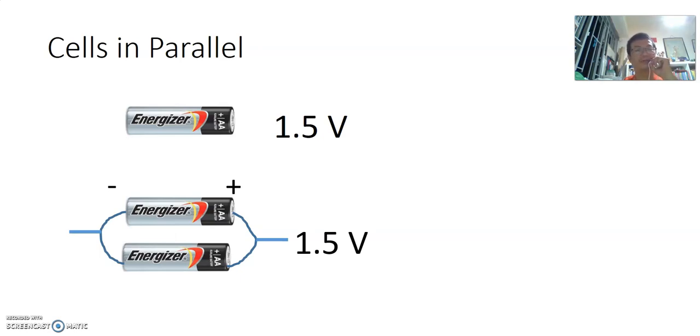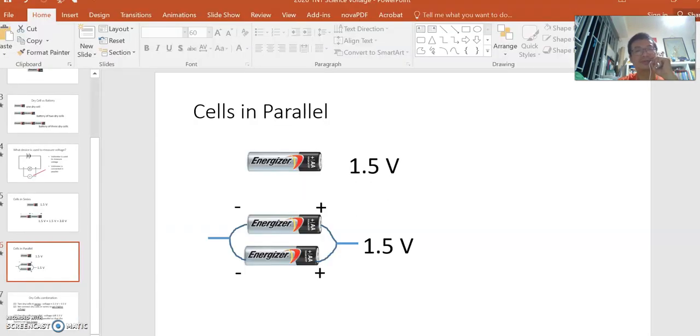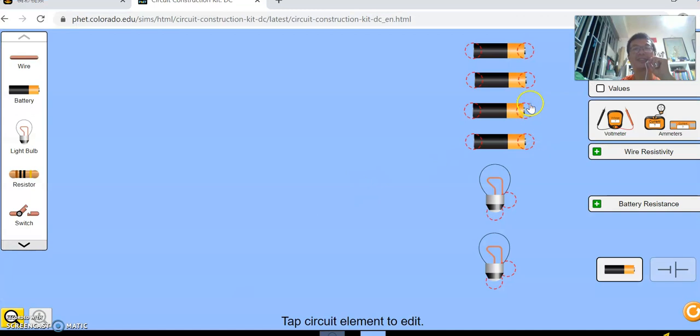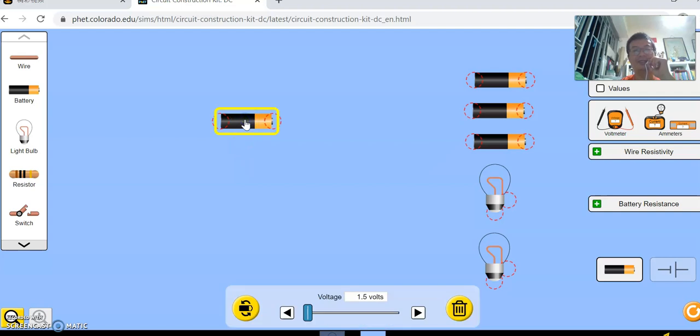Now we will go on to show you a connection. Alright, now I'll show you a connection. Now this is a dry cell, and if I click on it, I can see that it's 1.5 volt here.